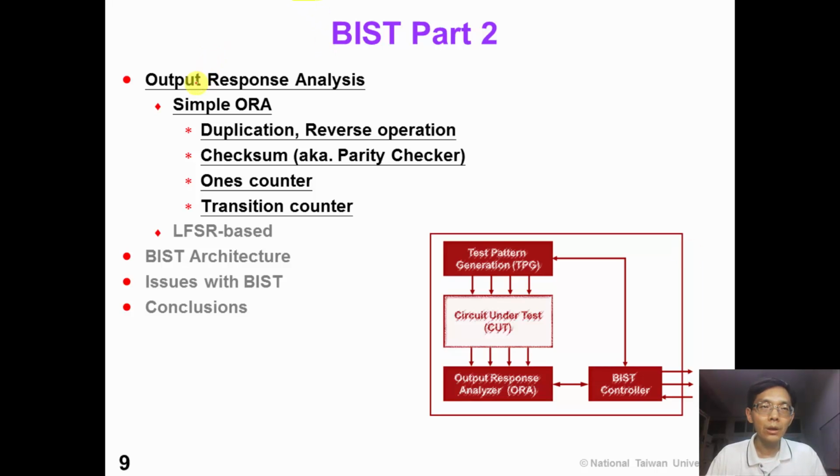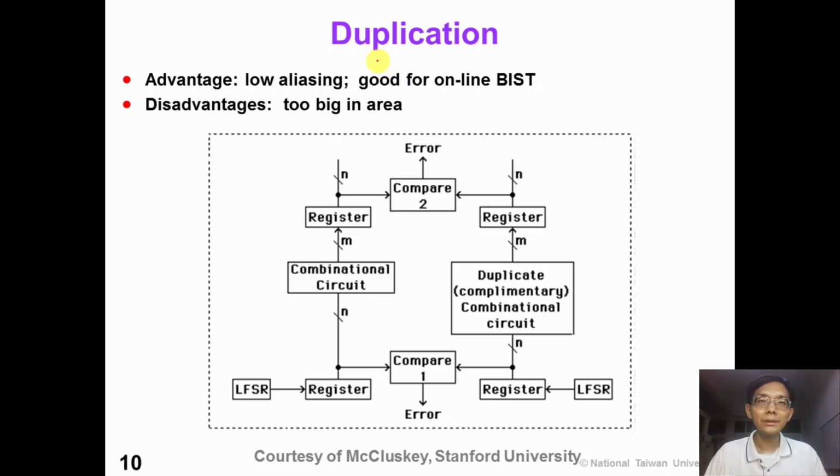Now, in the remainder of this video, we will introduce some simple output response analyzers. These include duplication, checksum, ones counter, and transition counter. This slide shows a simple idea of ORA, which is duplication.